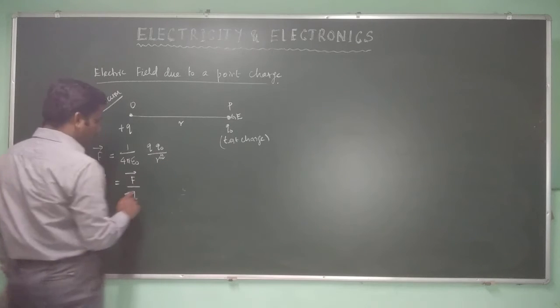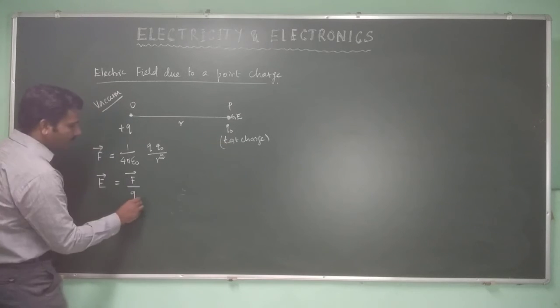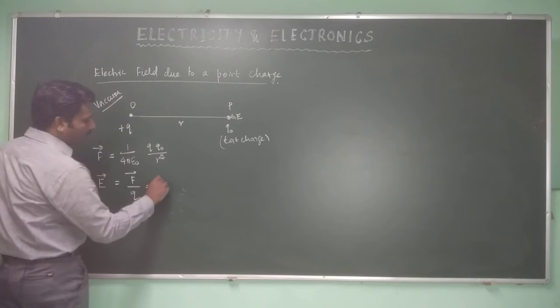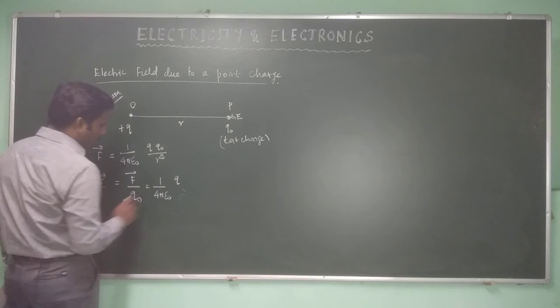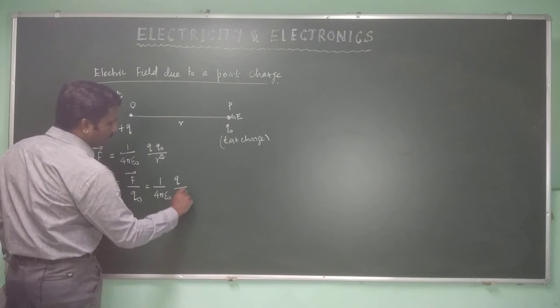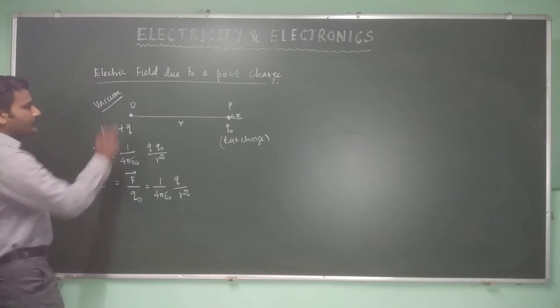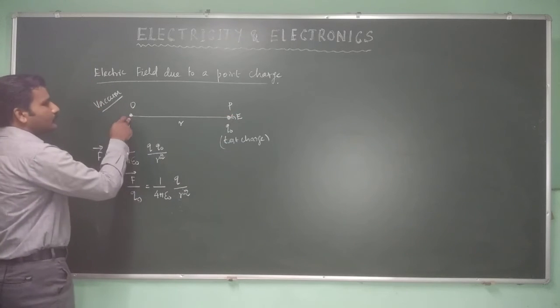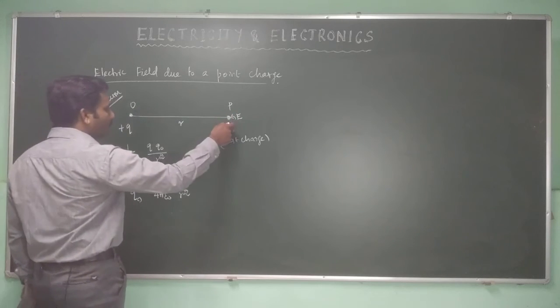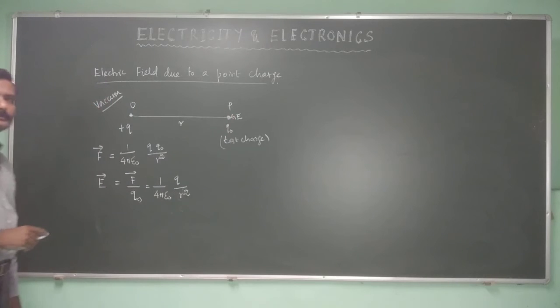Here the charge means the test charge, so it is Q naught. Now this equation becomes 1 by 4 pi epsilon naught Q by R square. So this is the electric field E at this point due to this charge Q when the test charge Q naught is present at this point.